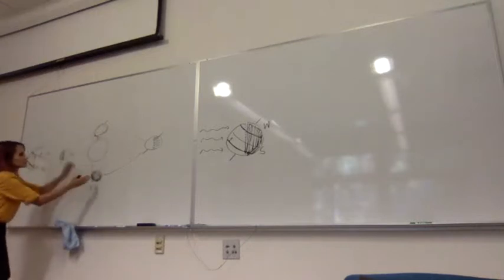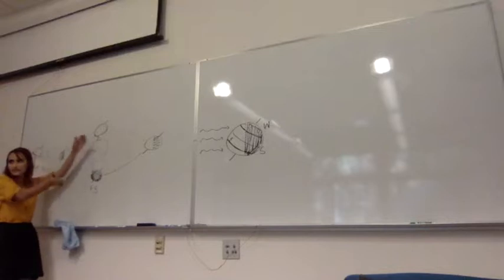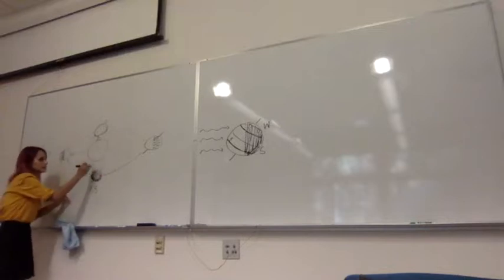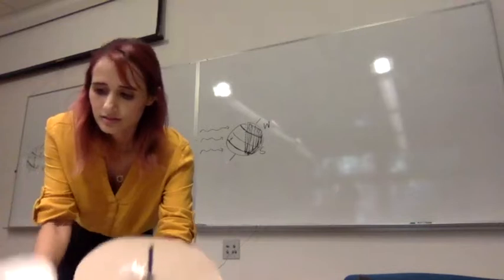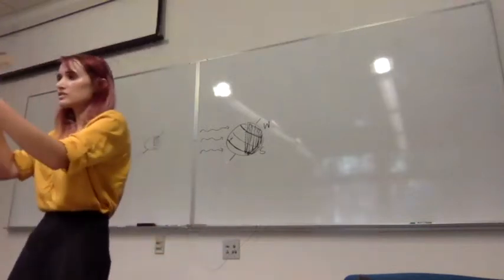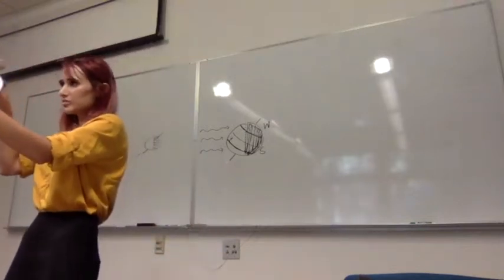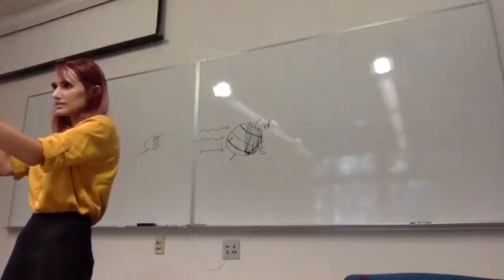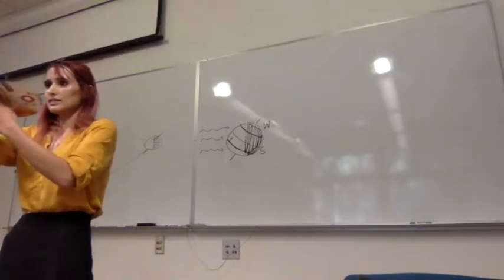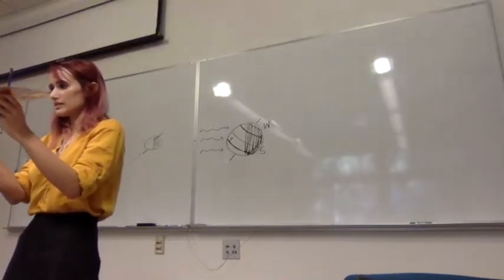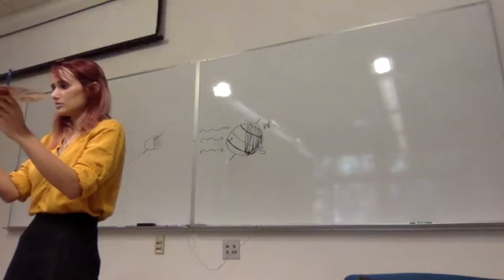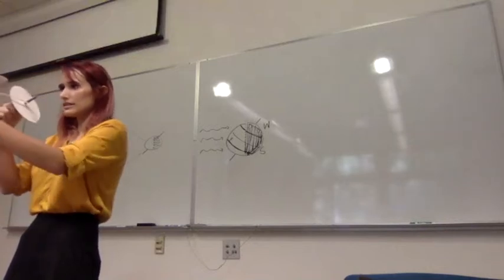So this is like tilted more like this. Okay. If this were a circle, it would be this whole side is getting hit. And then over here, whereas when it's tilted like this, it's half and half.